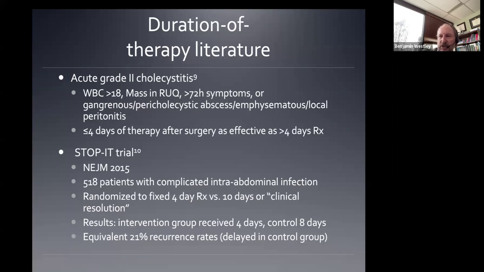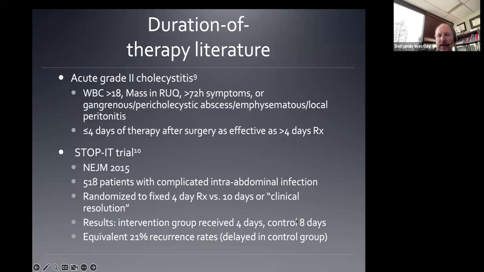So still 1 in 5 patients down the road was going to have a relapse of some fluid collection in the abdomen that would cause symptoms and need to be redrained. The difference was that in the group that received 4 days of antibiotics, that relapse happened right around day 10, so about 1 week after stopping the antibiotics. And the group that got 8 days of antibiotics had a relapse around day 20.